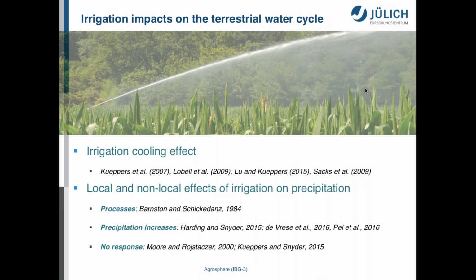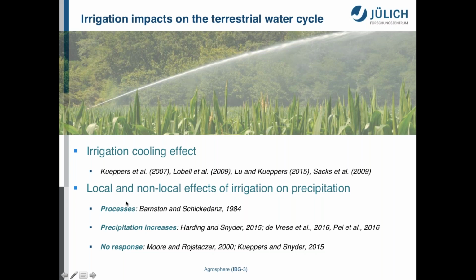Many people have looked into these things. What are the factors influencing sustainability? So we are not the first who also think about this. There have been many groups, for example, that looked into irrigation cooling effect. And many people already also looked into local and non-local effects of irrigation on precipitation.